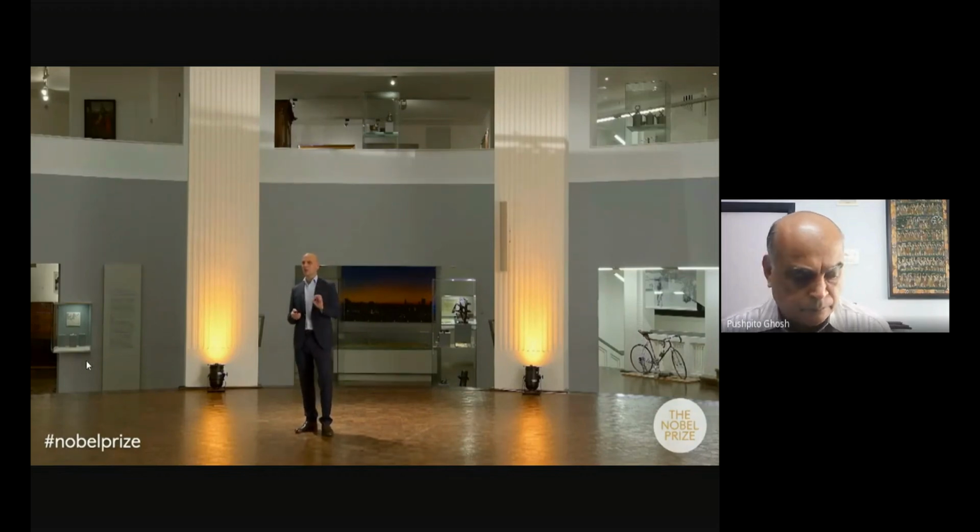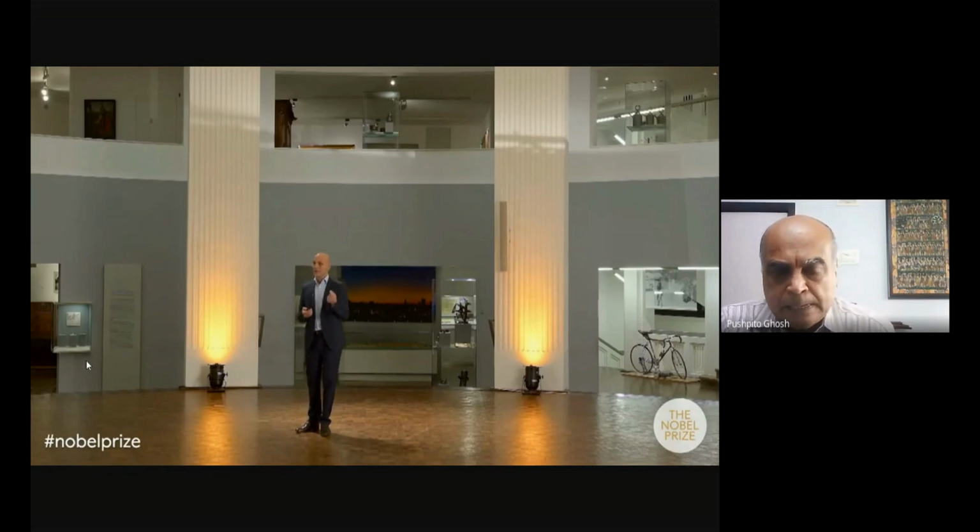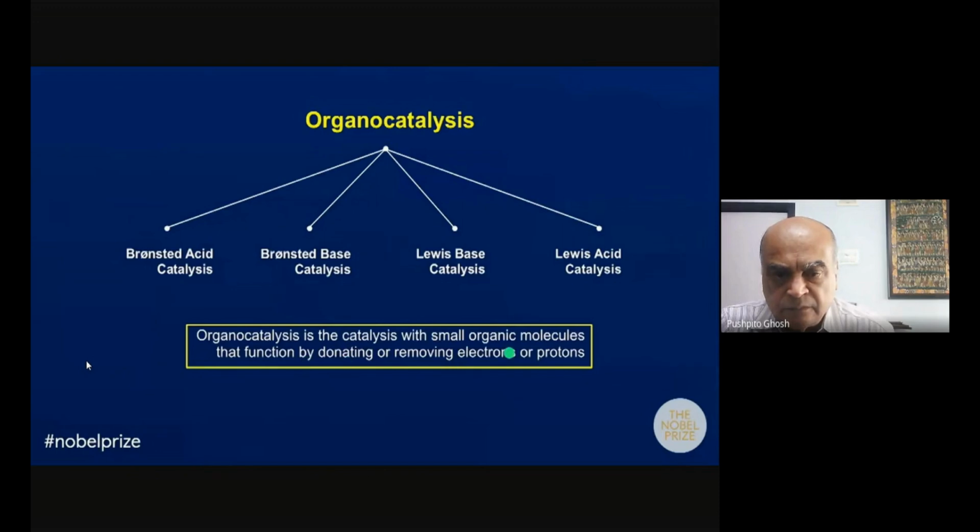And this goes along the definition that I prefer, and that is organocatalysis is the catalysis with small organic molecules, where a metal, of course, is not part of the activation principle, and that function by donating or removing electrons or protons.